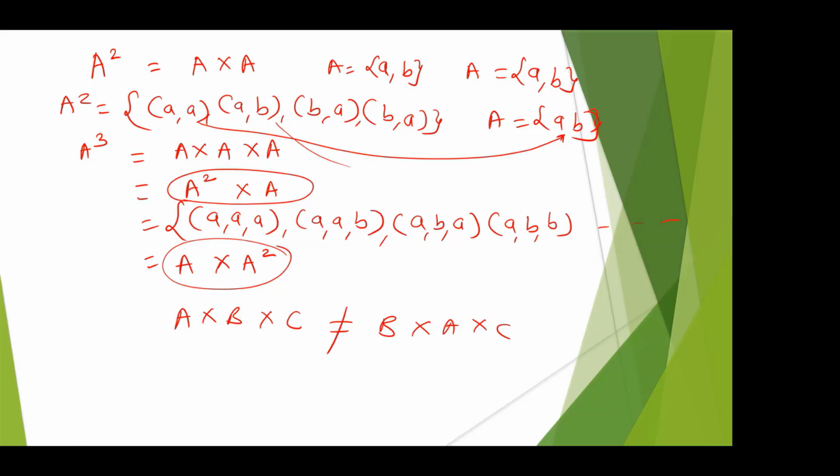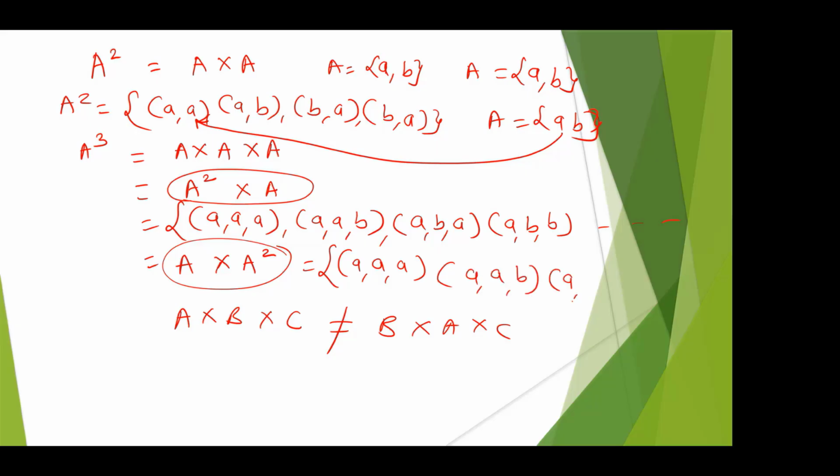So how will we do A Cartesian product A square? My first element comes from set A, and my second element comes from set A square. So that will give me AAA, AAB, ABA, ABB, and so on.